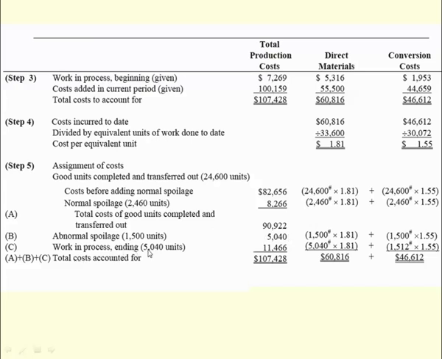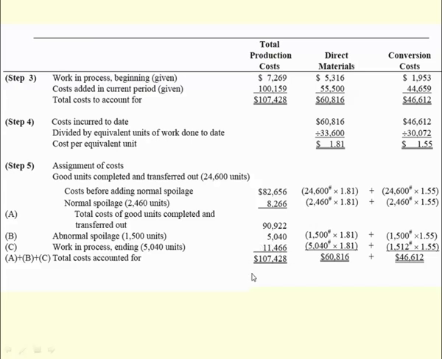Work in process ending, 5,040 units multiplied by 1.81 for direct materials, but only 1,512 units under conversion costs multiplied by 1.55, total will equal 11,466, and the summation of all costs must equal 107,428.